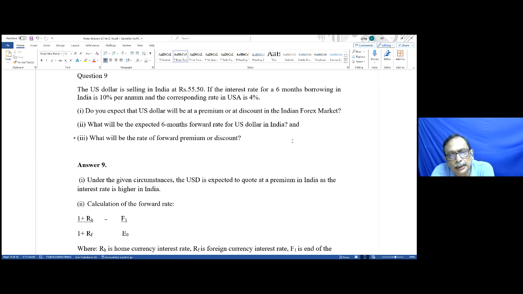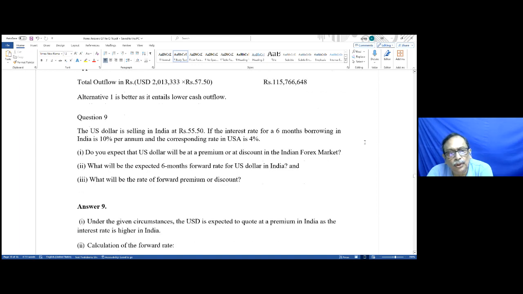What will be the expected 6 months forward rate of US dollar in India? And number three, what will be the rate of forward premium or discount?